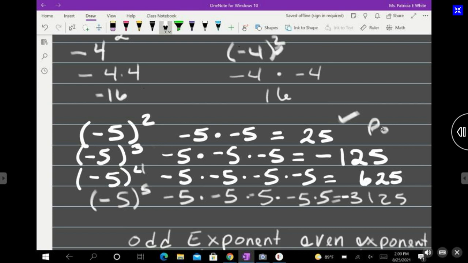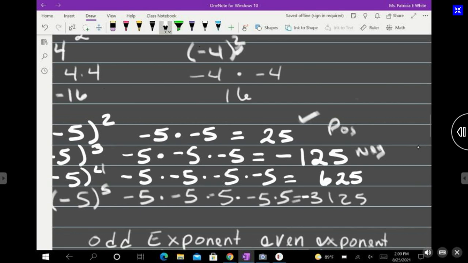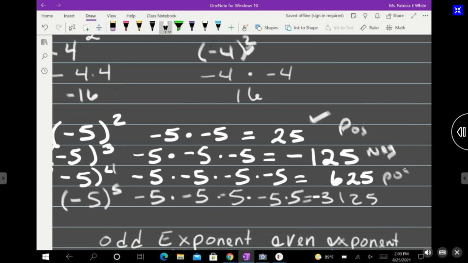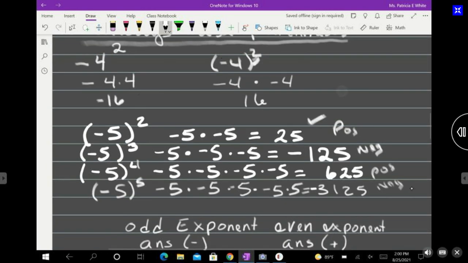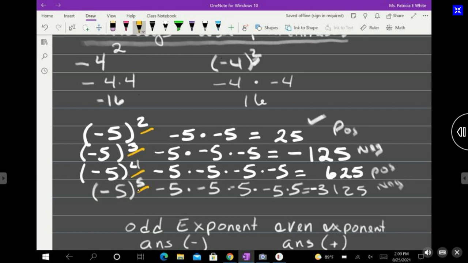Positive, negative, positive, negative. What do you think is making the difference there? The numbers. The amount of these exponents. Look at the exponents and look at what kind of answer you got.